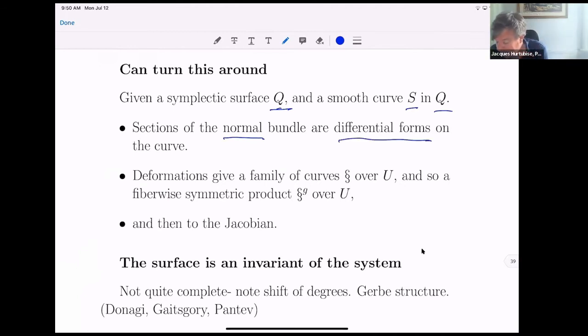The deformations will give a family of curves, S over U. And you'll get the fiber-wise symmetric product, and then to the Jacobian. So you can sort of flip this around.